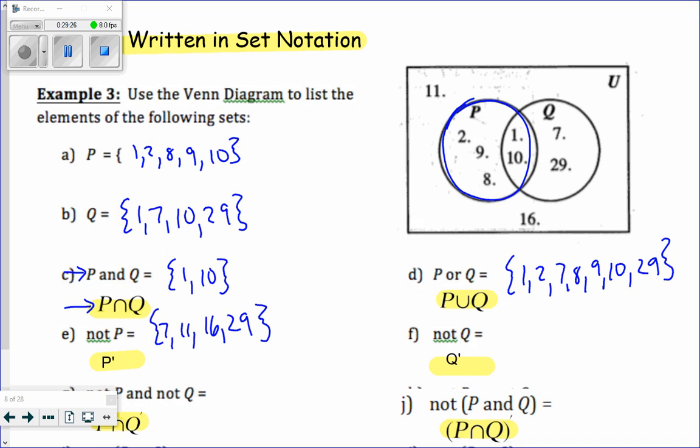Okay. Not Q means everything outside the circle of Q. Sounds like a religion. 2, 8, 9, 11, 16. Okay, the circle of Q. There we go. Have our new name for our club.